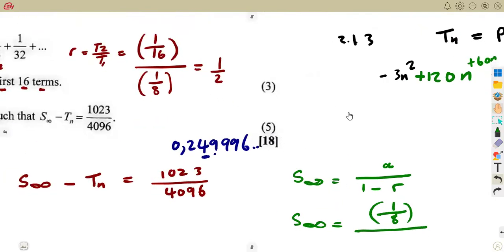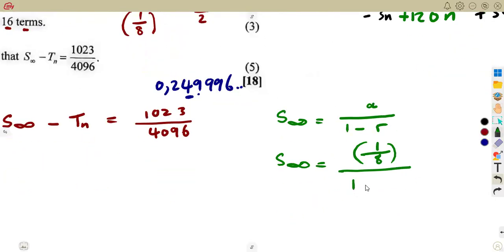So we substitute 1 minus 1/2. This is going to give us the sum to infinity. For this one, you just need a calculator, guys. It gives you 1/4 or 0,25 as a decimal. That is the sum to infinity.